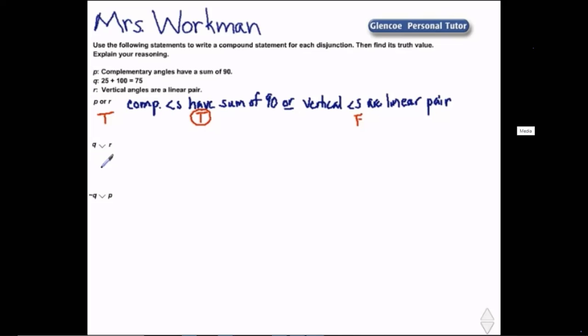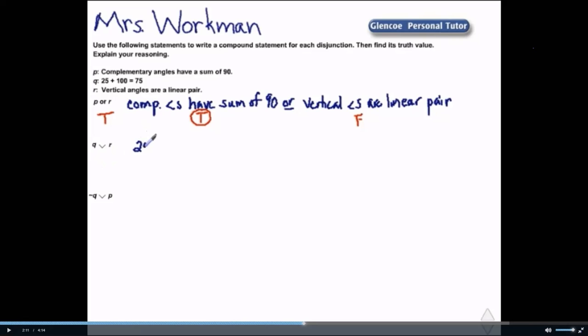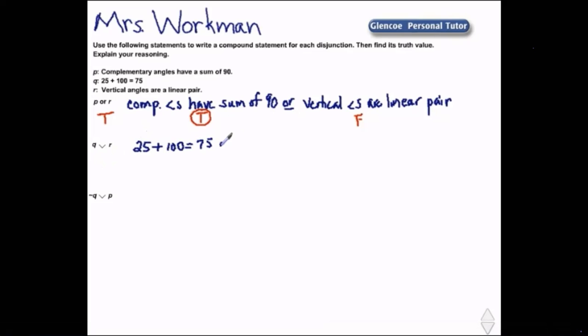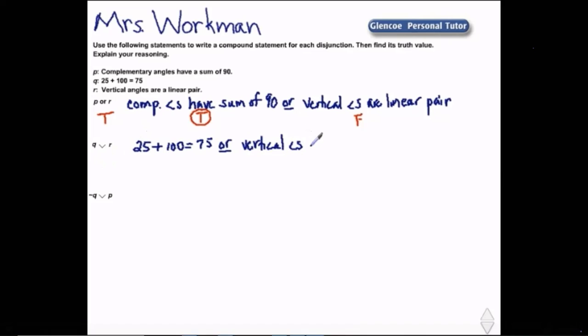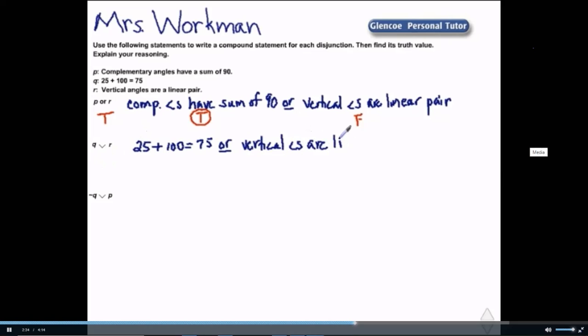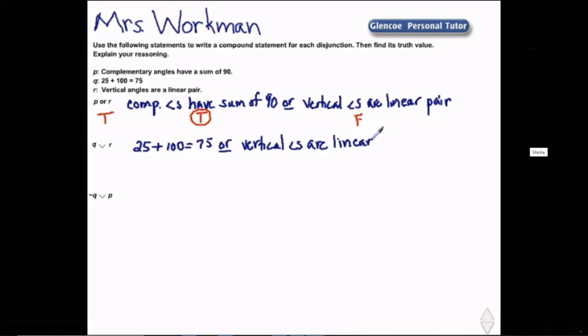And we read this Q or R. You could also read that as the disjunction of Q and R. Q states that 25 plus 100 equals 75, or R, vertical angles are a linear pair. 25 plus 100 equals 75 is false.